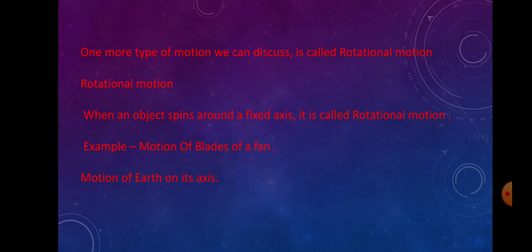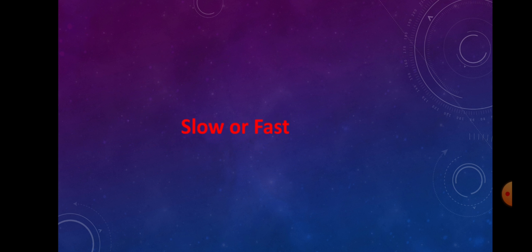When an object spins around a fixed axis, it is called rotational motion. Examples are the motion of the blades of a fan or the motion of the earth on its axis. As you know, the earth rotates around its axis, so it is an example of rotational motion.